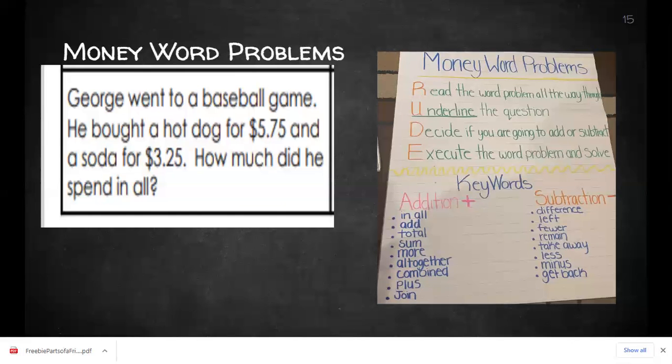Remember that we always need to look out for keywords that tell us if we're going to add or subtract. So for addition, if you see in all or total or more, it's usually talking about addition. But if you see keywords like left, take away, get back, that's usually talking about subtraction.